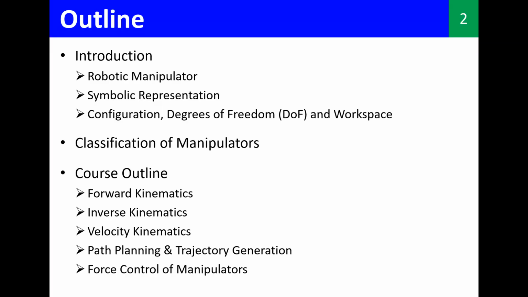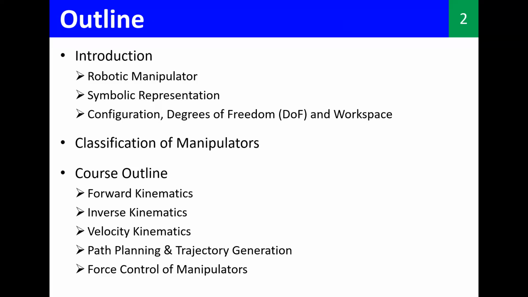First, we will understand what a robotic manipulator is. And then we will have a look at the symbolic representation. And after that, we will define some terms such as configuration, degrees of freedom, workspace, and so on.